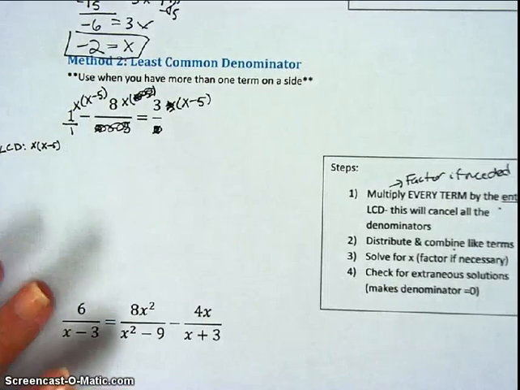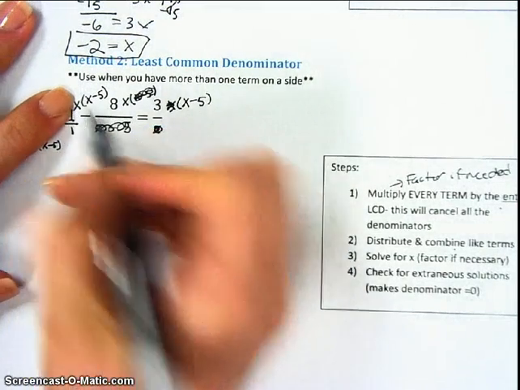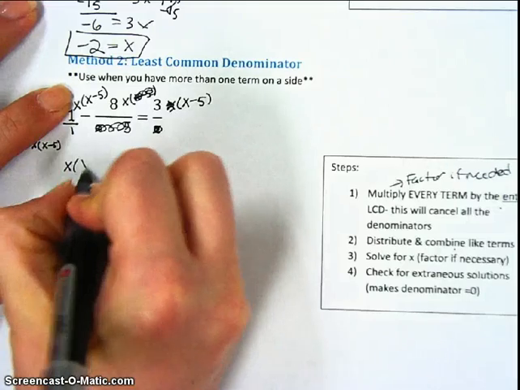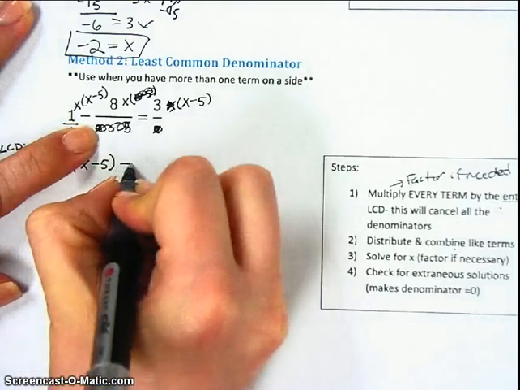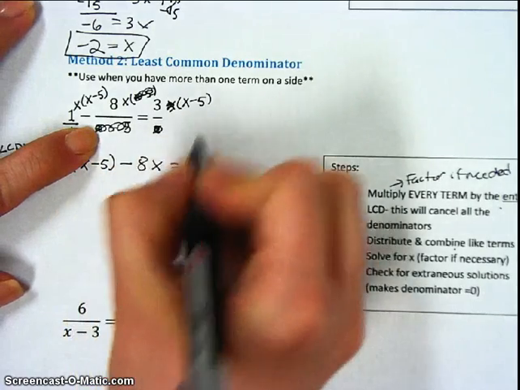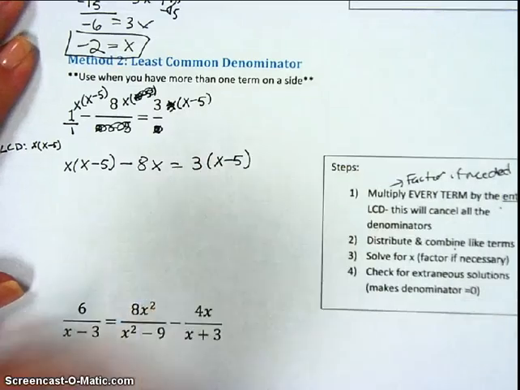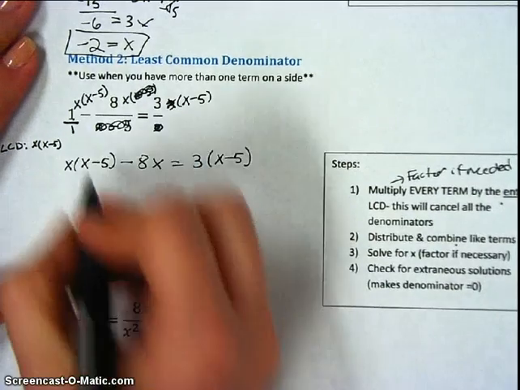Now we want to rewrite what we have left over. So we've got 1 times x, which is just x, times x minus 5. So x times x minus 5 minus, here we just have 8 times x, so minus 8x equals 3 times x minus 5. Distribute what we have.